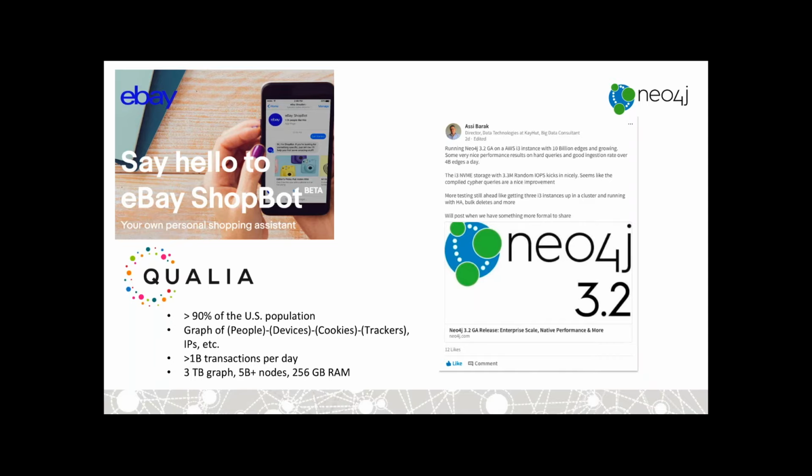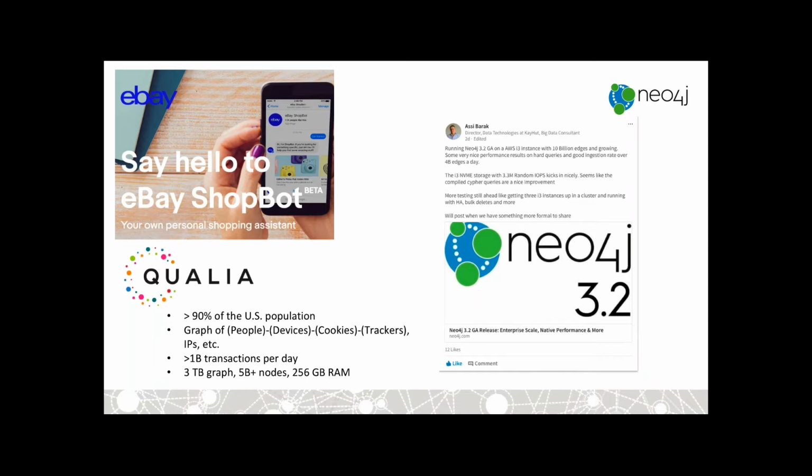They try to figure out that you are you, on your iPhone and on your desktop and on your iPad or whatever. About 1 billion transactions a day, a 3 terabyte graph, 5 billion nodes. Kind of an impressive thing, and all of this to do super low latency graph operations to figure out an identity on the fly so that ads can be sold.